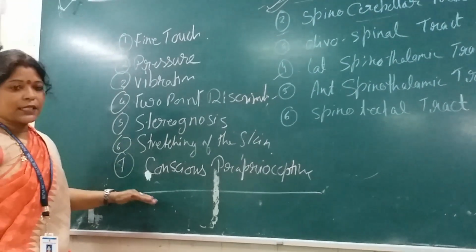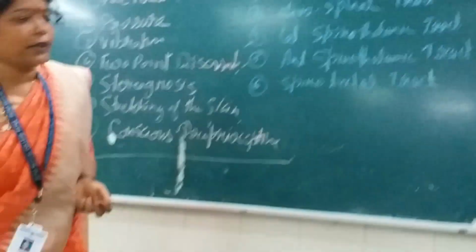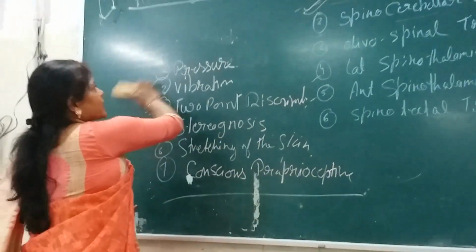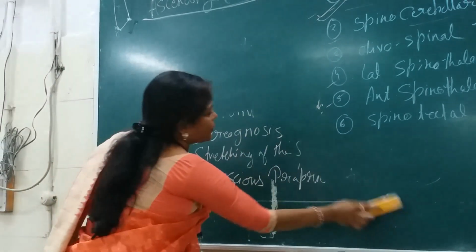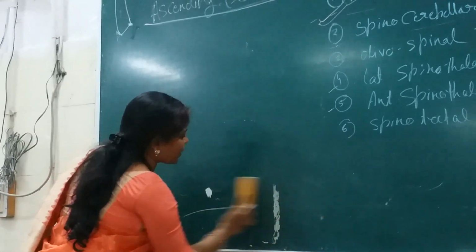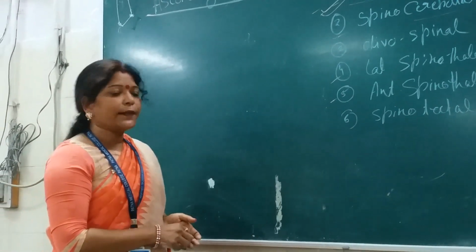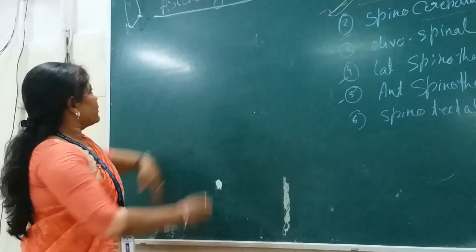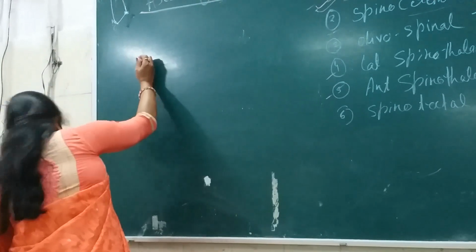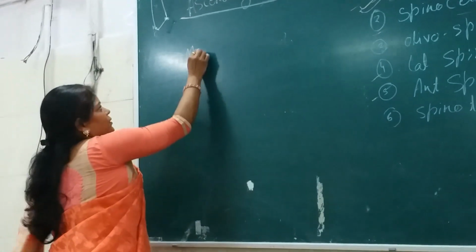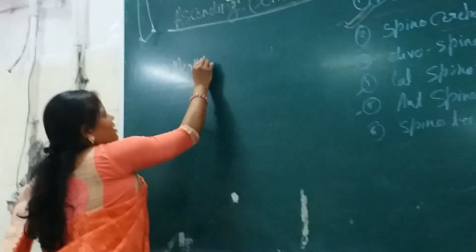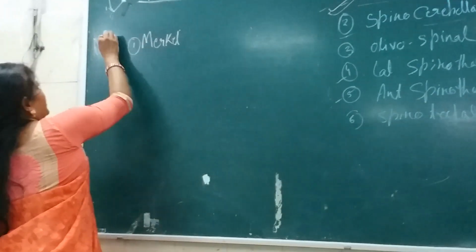For these modalities of sensation, there must be some receptors also, isn't it? Sometimes you are asked in the objective, so these receptors are also very important. First, it is the Merkel's disc. All these are mechanoreceptors.